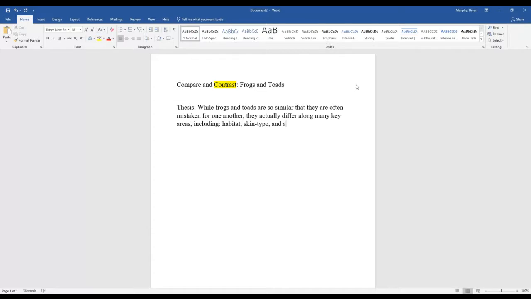And also have some variations in diet. Okay. While frogs and toads are so similar that they are often mistaken for one another, they actually differ along many key areas, including habitat, skin type, and diet. Well, actually, let's fix that. I screwed that up. Sorry. And dietary variations. My apologies, ladies and gentlemen. That is the correct grammar. All right. They actually differ along many key areas, including habitat, skin type, and dietary variations.